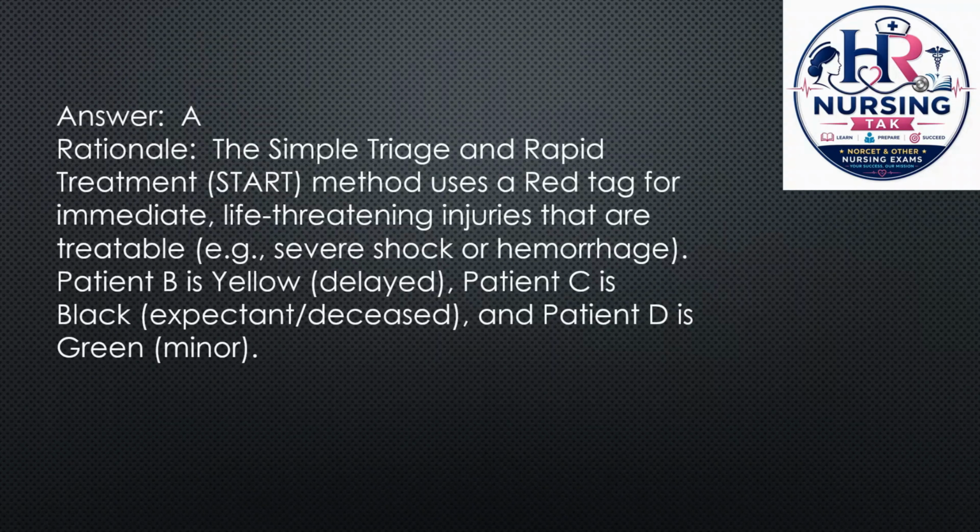Answer: A. Rationale: The simple triage and rapid treatment START method uses a red tag for immediate, life-threatening injuries that are treatable, for example, severe shock or hemorrhage. Patient B is yellow, delayed; patient C is black, expectant, deceased; and patient D is green, minor.